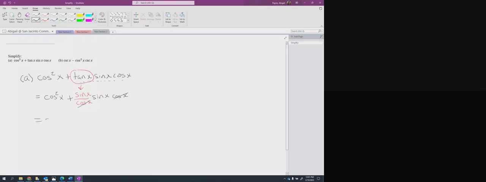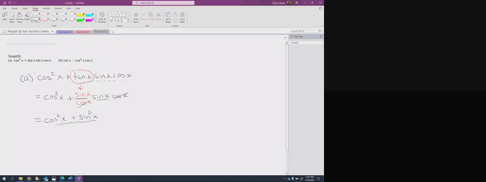So that leaves me with, so still cosine squared in front. I haven't done anything with that. And now we've got sine x times sine x, and so that's sine x squared, which we write as sine squared x like this. And again, this is why you want to start this section by memorizing the trigonometric identities, because you want to be able to recognize stuff like this when you run into it.